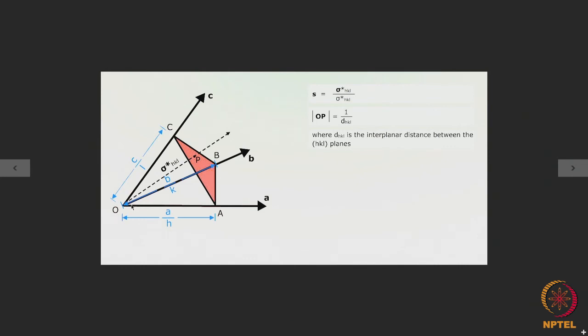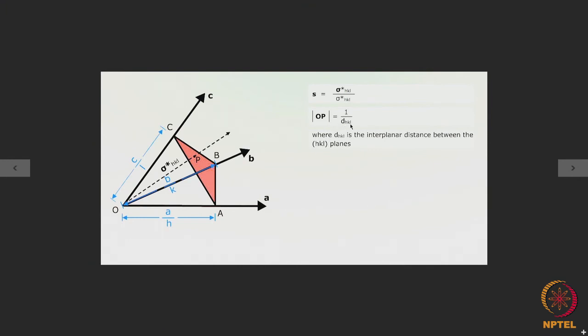You see, OP is nothing but the interplanar distance of HKL type of planes. So, this is an HKL type of plane, here there will be a parallel HKL type of plane. So, the distance between the two, this OP, is actually the interplanar distance of HKL type of planes. So, the magnitude of OP is simply d_hkl, not 1 by d_hkl. This is wrong, so there should be a correction. So, magnitude of OP is simply equal to d_hkl.